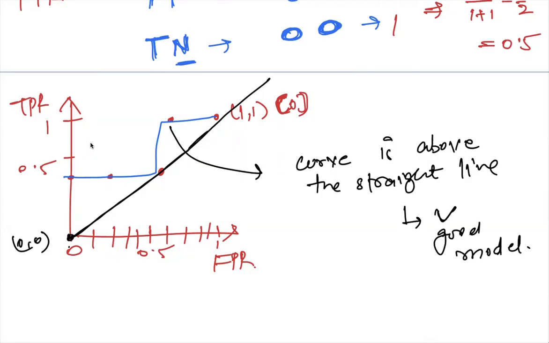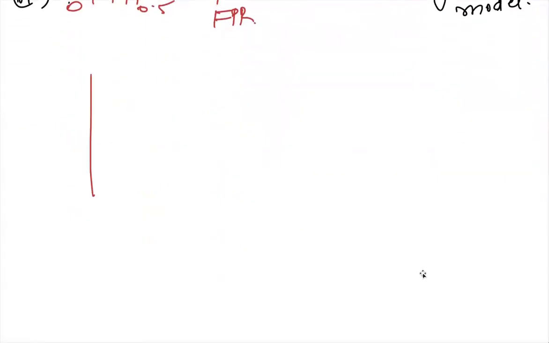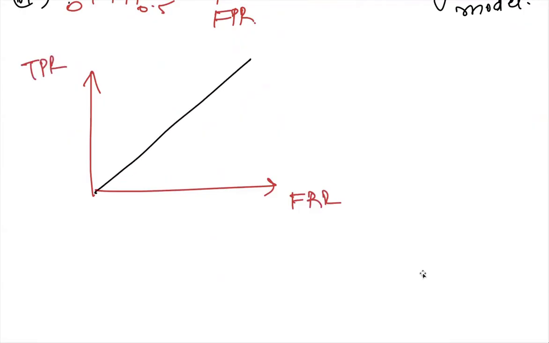Always remember, the more above it is, the greater the model. On the axes, false positive rate and true positive rate, this is our line, which is 0.5.